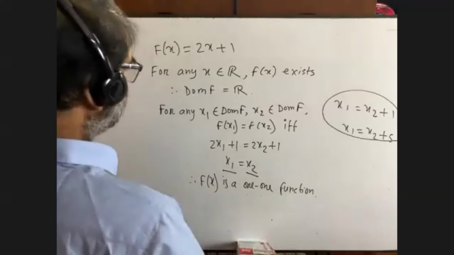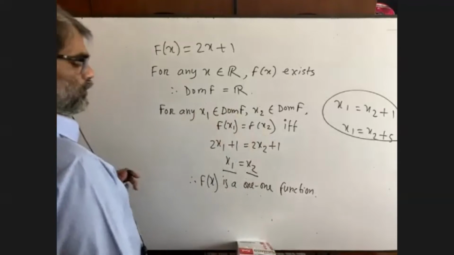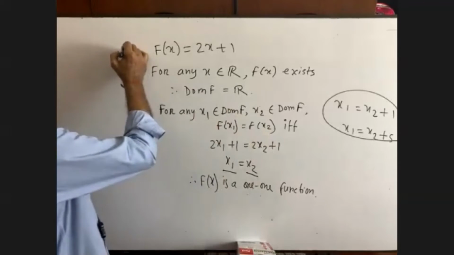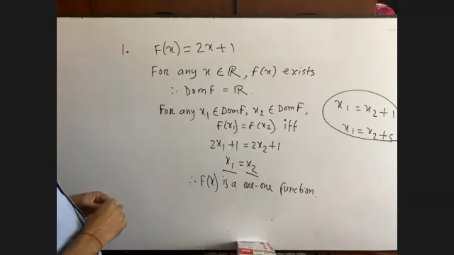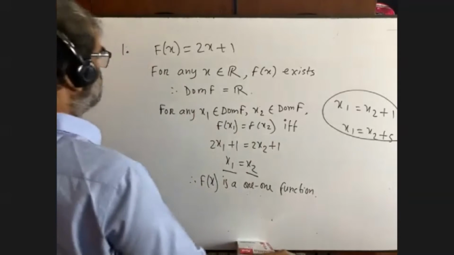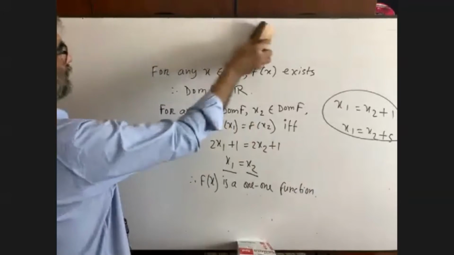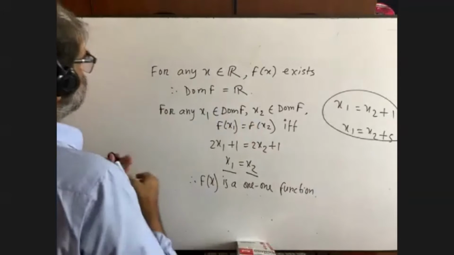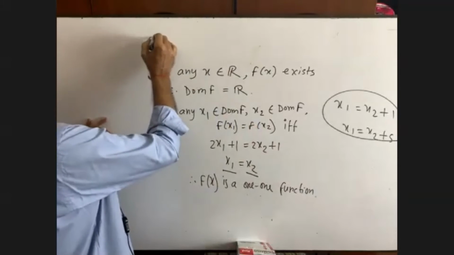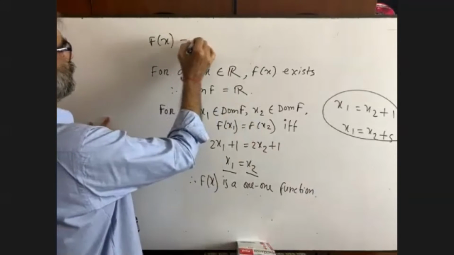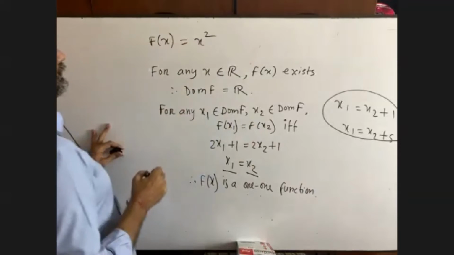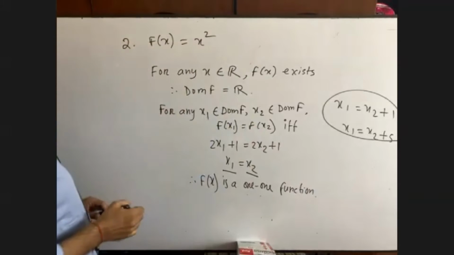Suppose I am giving you another example of one function. This was number one of one function. I am going to do some maths of one function. Suppose f of x equals x square. This is number two of one function.